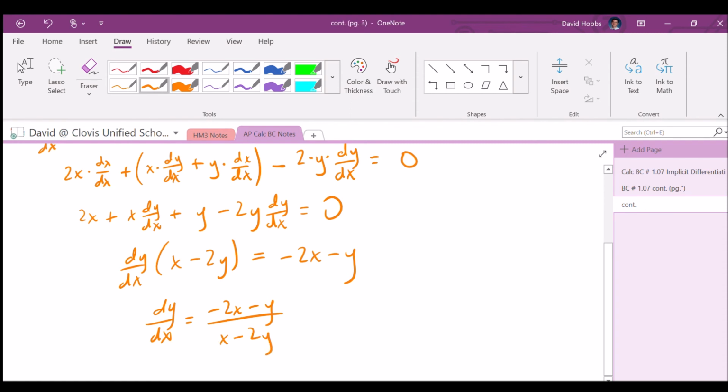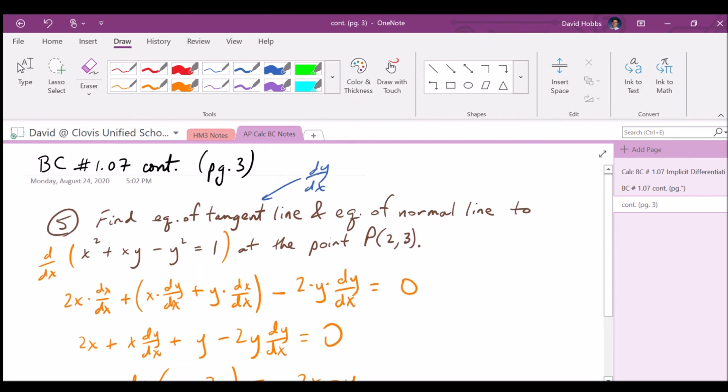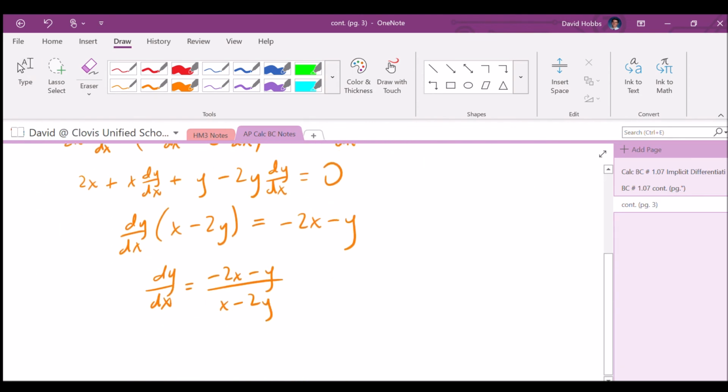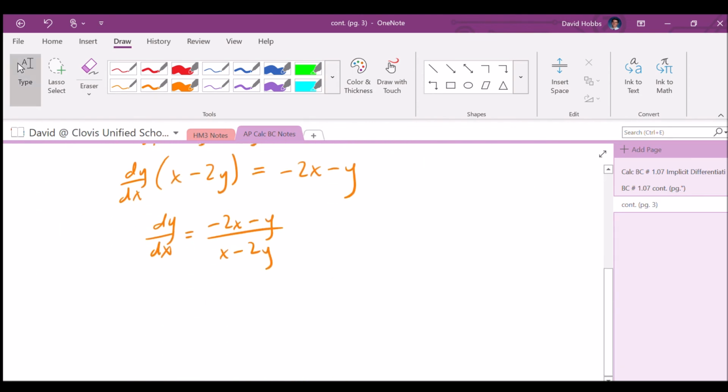Okay, now we are going to be evaluating this at the point (2, 3), but before we do that, if all I was asking for was dy/dx, this would not be the answer. This is not a full credit answer because it's not simplified as much as it can be simplified. We try to have the fewest number of negatives possible in a final answer.